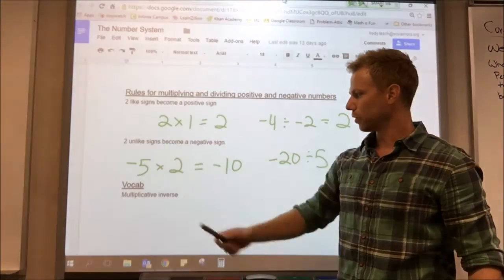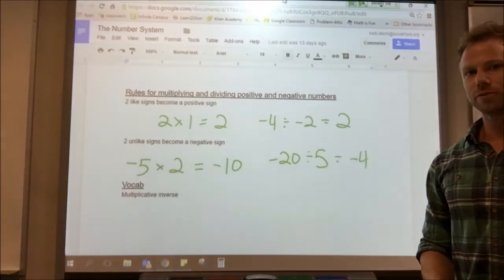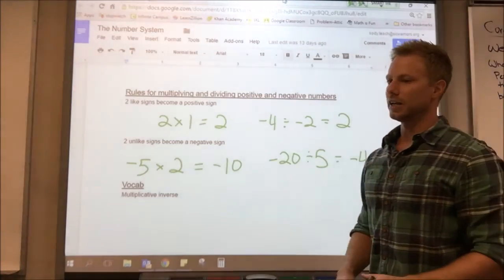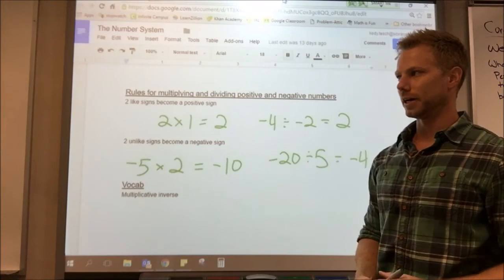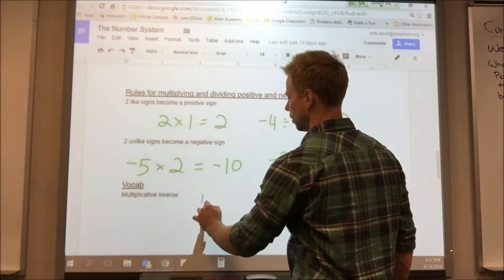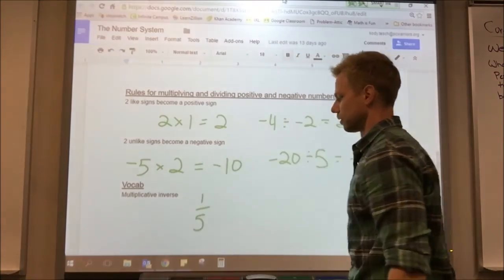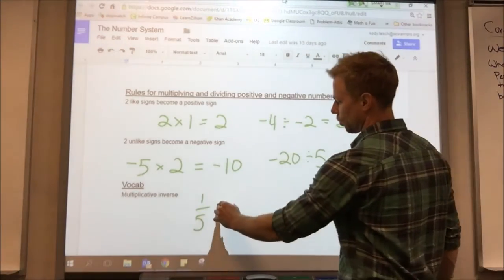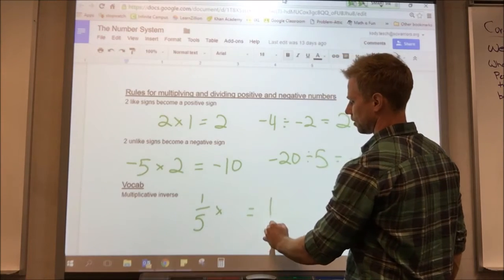Okay. One vocab word, multiplicative inverse, is a number that you multiply by to get 1. For example, if I have the number 1/5, what would I multiply 1/5 by to get the number 1?